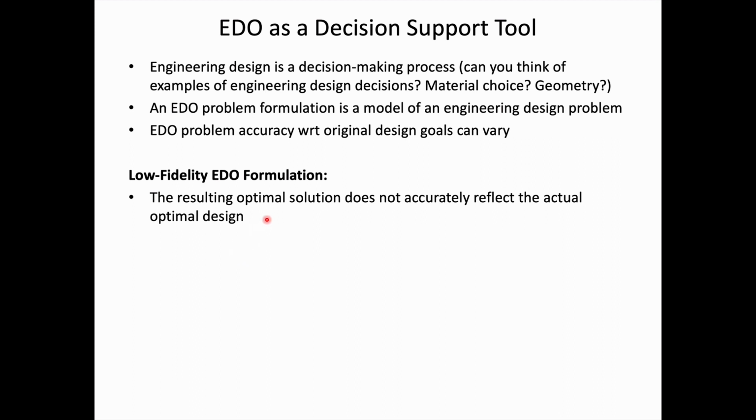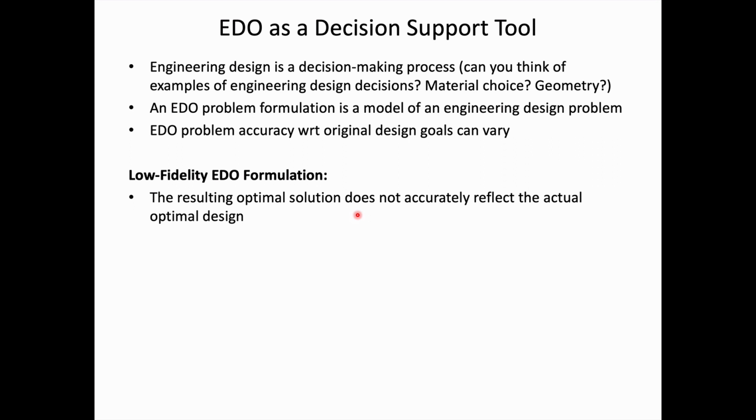In this case, the optimal solution does not necessarily accurately reflect what the actual optimal design is. So in other words, if we got our design vector X out of this optimization problem, the optimal vector X, and then we tried to actually build the design based on that vector X, we might find out, oh, because our models were so oversimplified, this actual design is not even feasible.